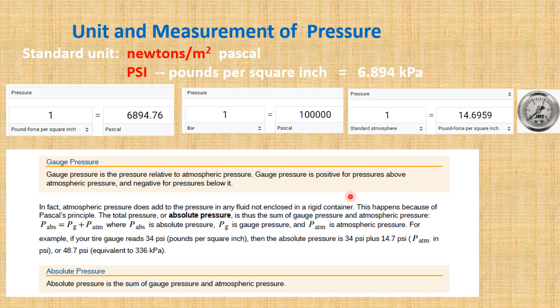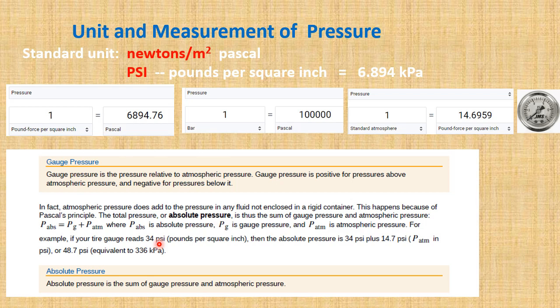Once again, with the gauge pressure, you use the pressure gauge or meter to measure the pressure of your tire, and it's not the absolute pressure, it's how much is above. So then you have this relation. If you measure from the gauge, say 5 psi, then the real pressure is 5 plus 14.6. For example, if your gauge says 32 psi, that's the pressure of the tire.